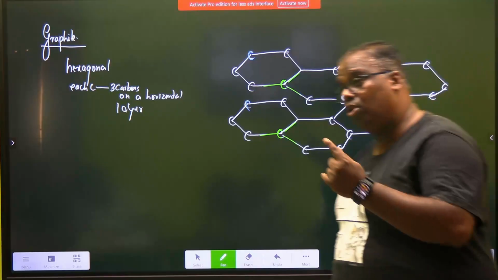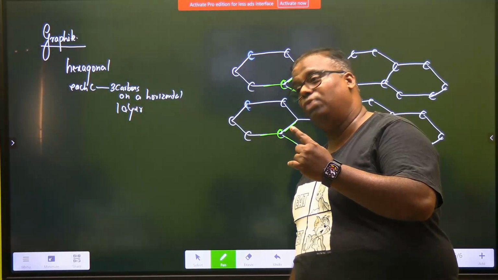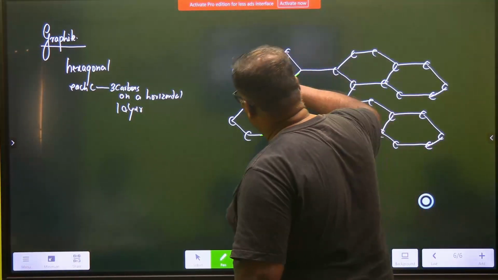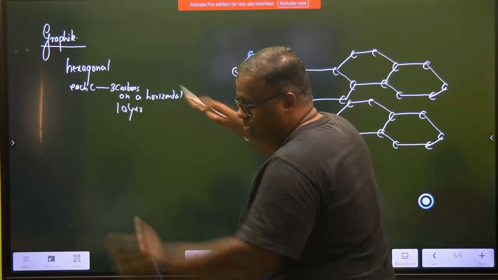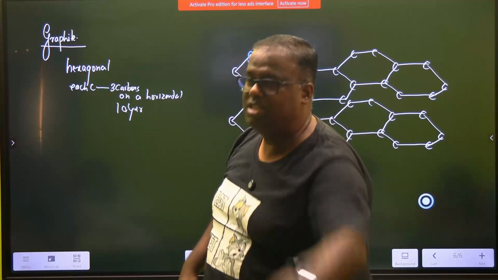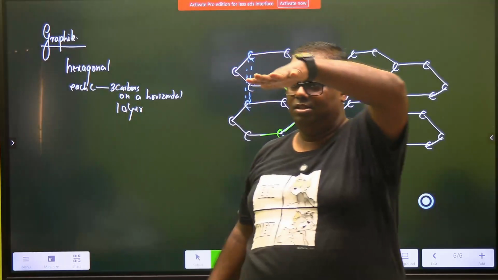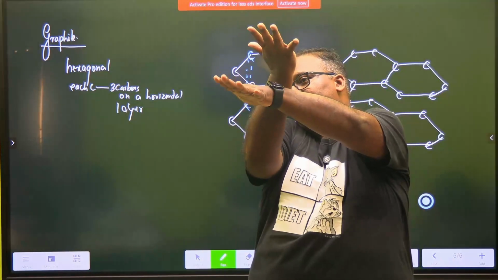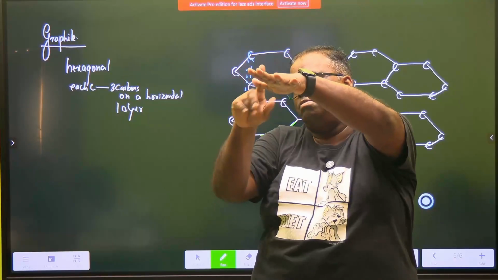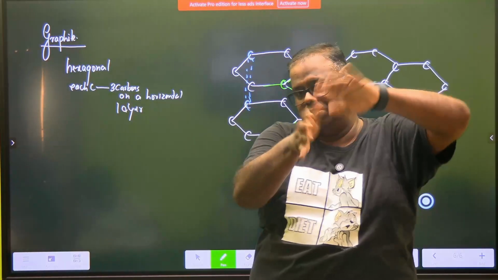Both of them have got one electron free. That free electron makes a weak bond on a sidewise overlap. So imagine my thumb as one carbon, graphite layer, and there is another graphite layer. This thumb has got a free electron, this thumb has a free electron.